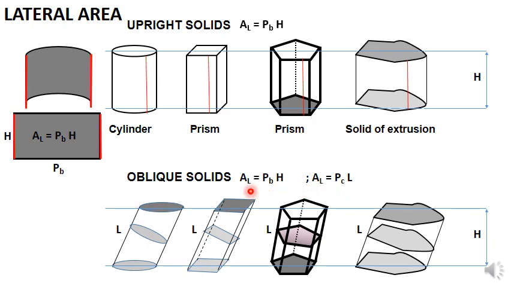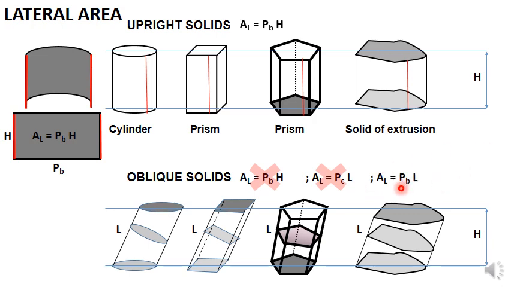As you may observe, this is analogous to the volume of our solid. But in the case of the lateral area, this analogy does not work anymore. So we will use another formula to compute the lateral area of oblique solids of this form. And our formula is this one.